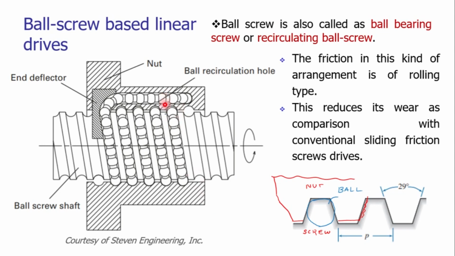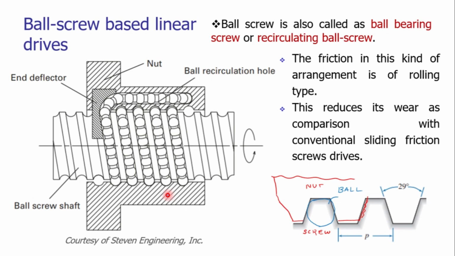The nut is engaged with the screw, and inside the gap produced due to the shape of the nut and the screw, we have a number of spherical balls, which are made of steel.